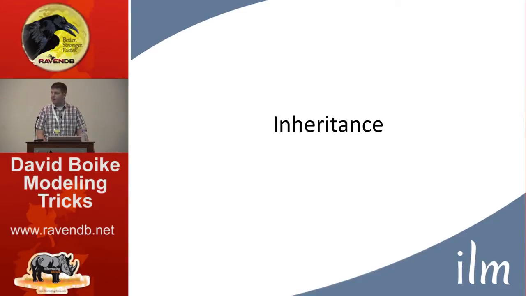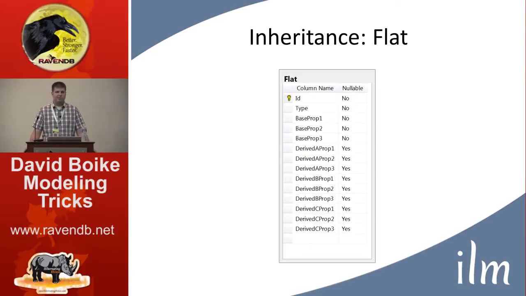So we'll start with inheritance, or back to ComSci 101. There's a bunch of different ways to do inheritance in SQL Server, at least some of the ones I've run across. The first way is pretty naive, and it's basically to store everything flat. So you have an ID and a type and some base properties, and they're not nullable or nullable or whatever you need them to be.